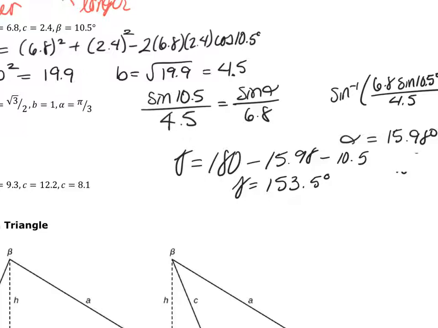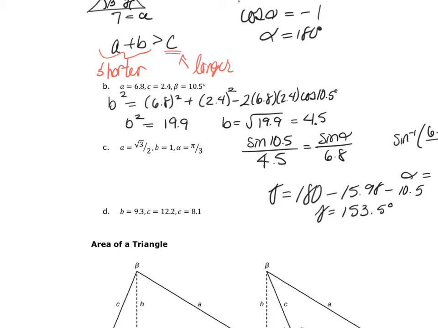Does that make any sense to you? That the largest side, which is 6.8, is not opposite the largest angle? That makes sense to you? No. That shouldn't make any sense to you.